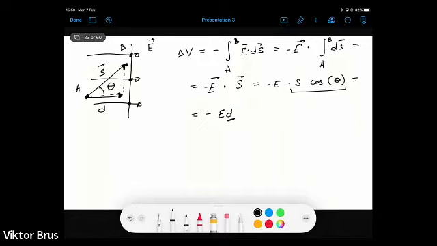So let's consider some plates which are positively and negatively charged, and some positive charge located in between these plates at some point A. Initially, its velocity VA at point A is equal to 0. Then we let this charge move from point A to point B.